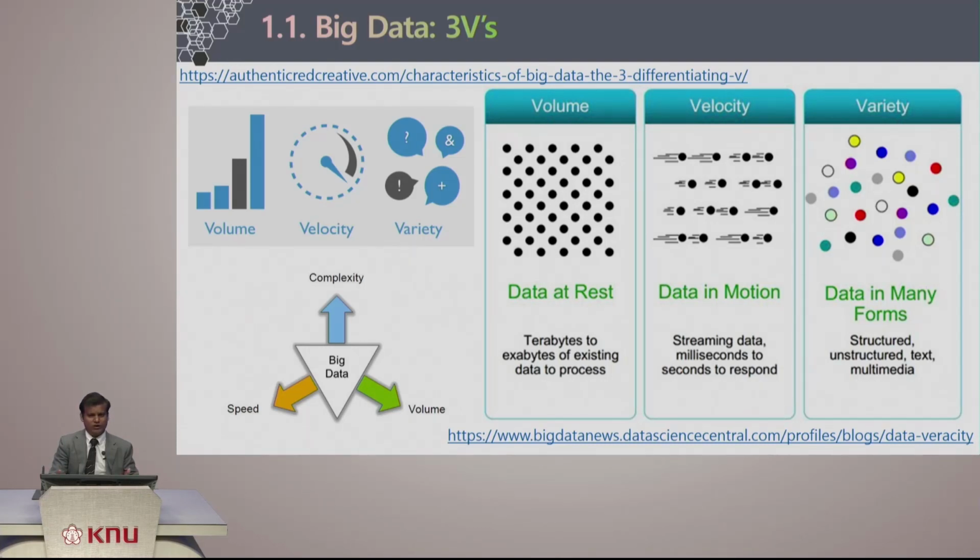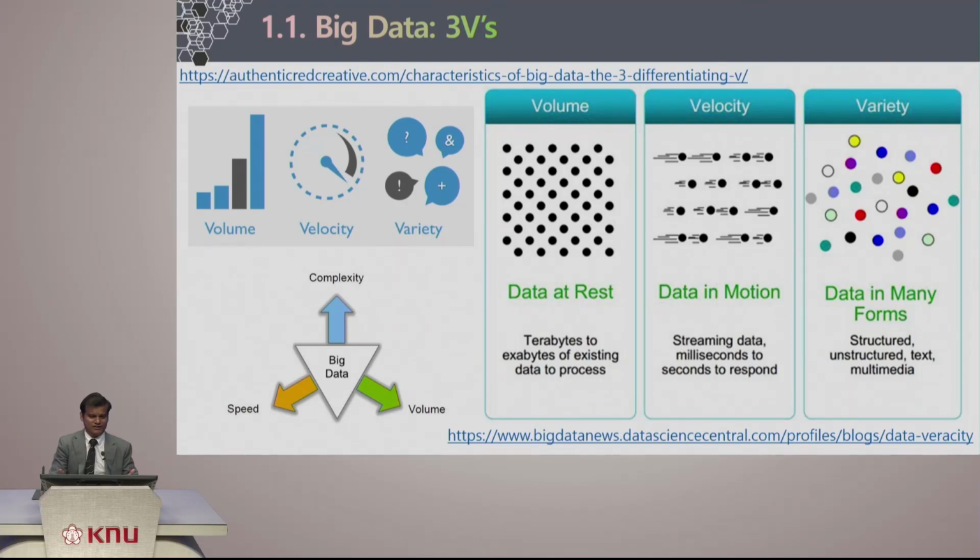And then we have variety, data in many forms. Some data are structured, some unstructured, some are text, some are multimedia, maybe sound signals or video signals. These different forms add complexity to the data.